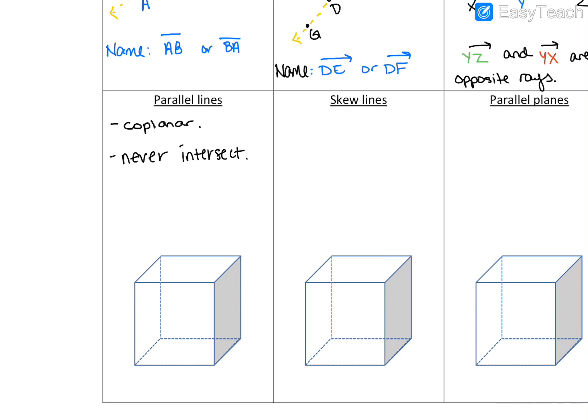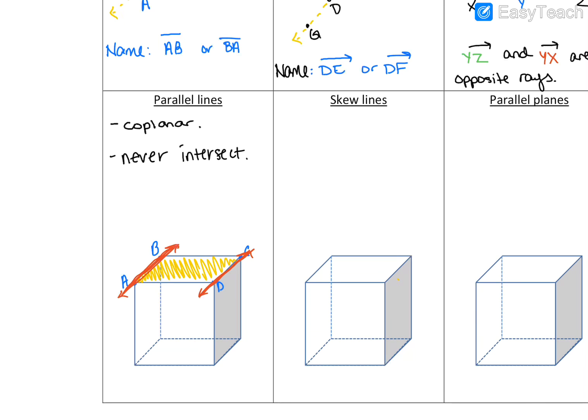All right. So let me put a couple points on this drawing here that we can talk about. So there's A, B, C, D, and that should be enough. So this top plane is probably the easier of the 6 sides to see. If I'm looking at that top plane, I can say that lines AB and CD are parallel.